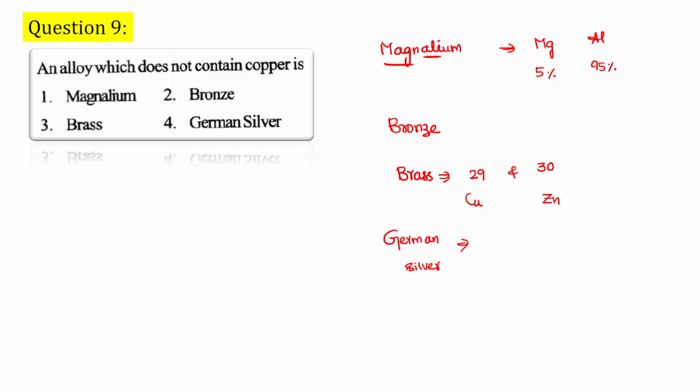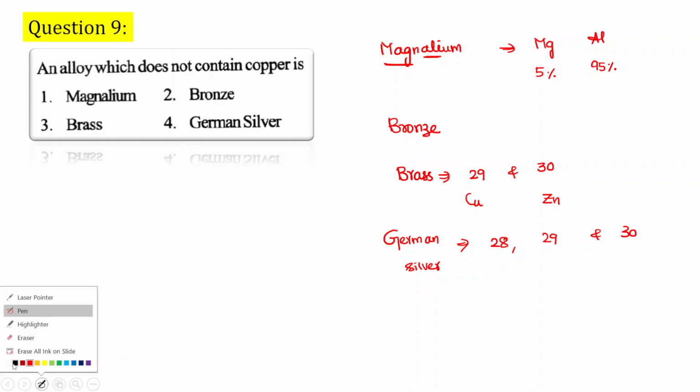So it's quite easy for us to remember the alloys in future. So 28, 29 and 30. Can you guess what may be the element for 28? Yes, your predictions may be right. Just check.